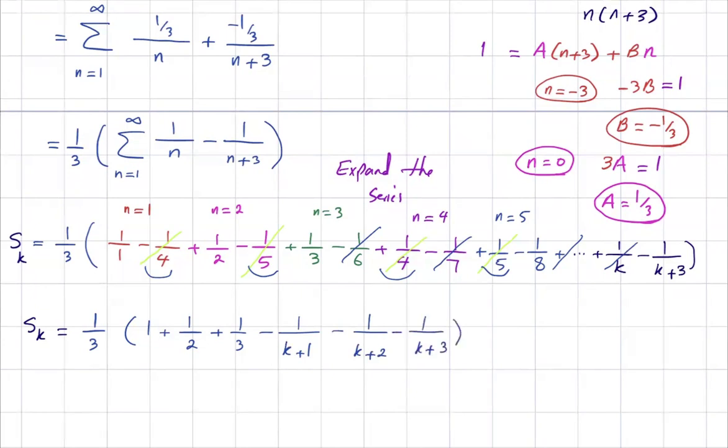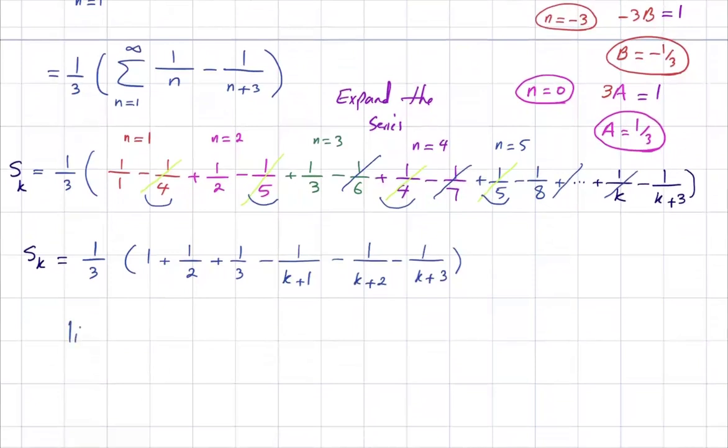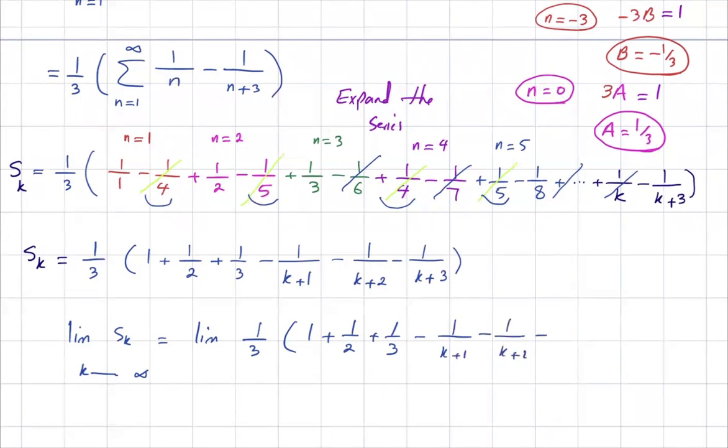Now, if you take the limit of s sub k as k goes to infinity, this is equal to the limit of a third times 1 plus a half plus a third minus 1 over k plus 1 minus 1 over k plus 2 minus 1 over k plus 3 as k goes to infinity. But when k goes to infinity, this term is basically 0. This guy is also 0.